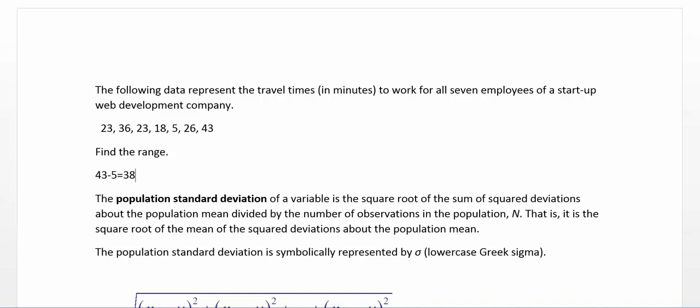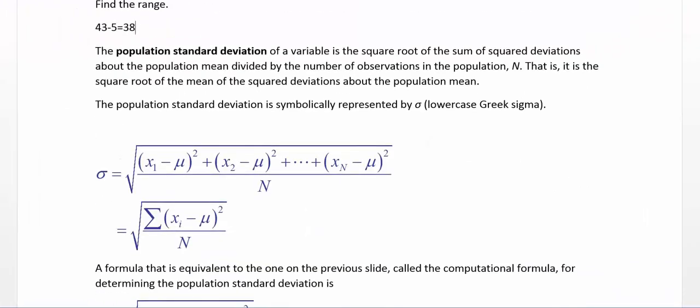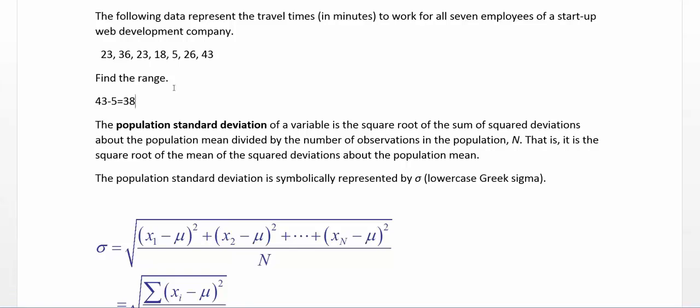Another measure we're going to talk about, and this is going to take us a few minutes, is called standard deviation. We've got population and we've got sample. We'll get to that eventually, but population standard deviation is represented by the Greek letter sigma, which looks like a fancy O with a little tail out the side.